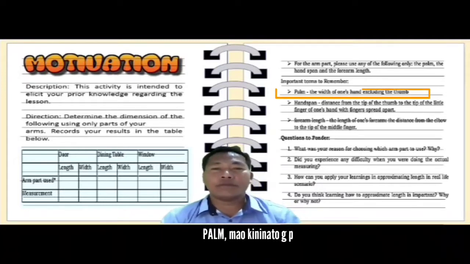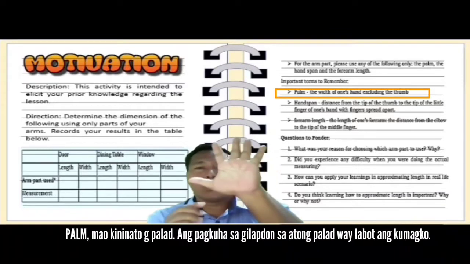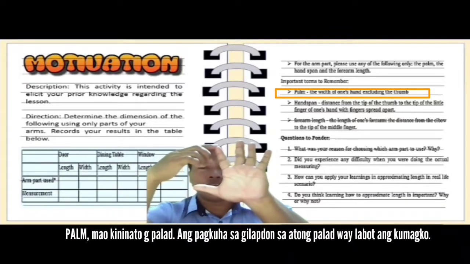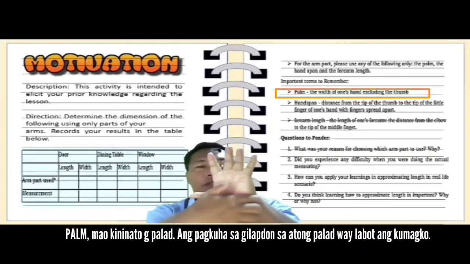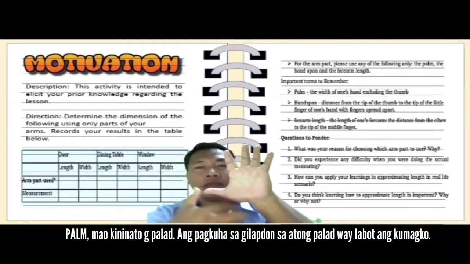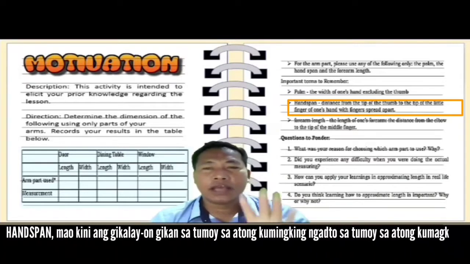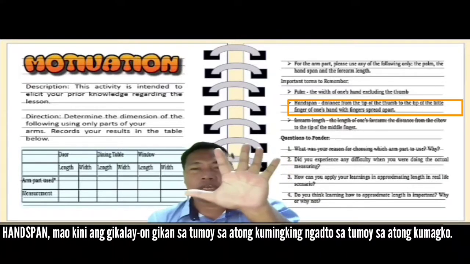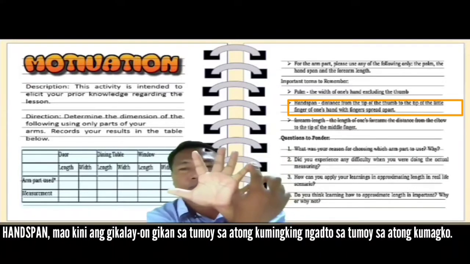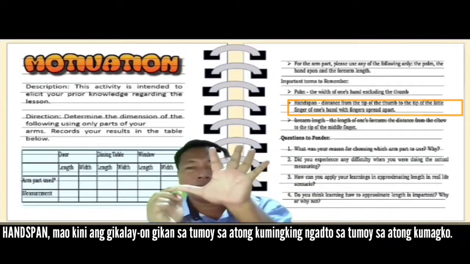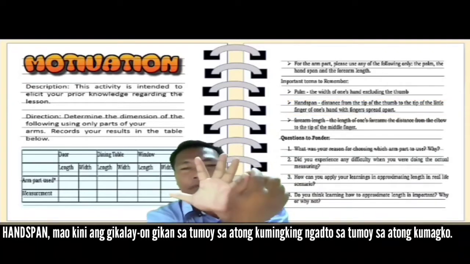We have the palm, the width of one's hand excluding the thumb. The other is the handspan, the distance from the tip of the thumb to the tip of the little finger.